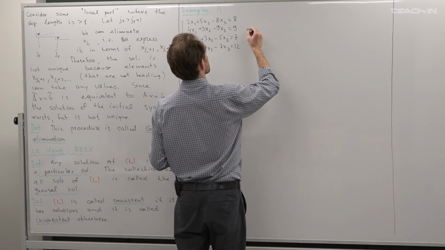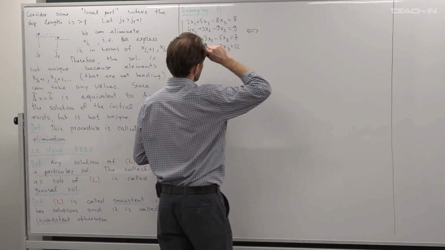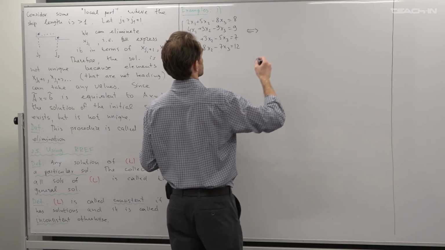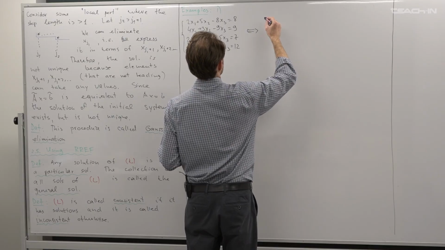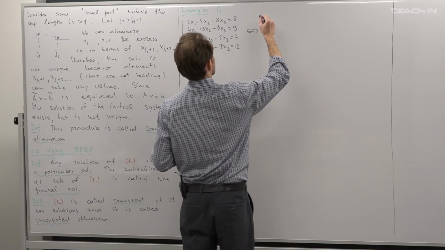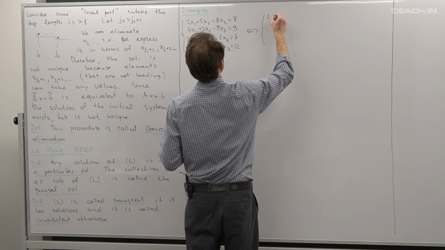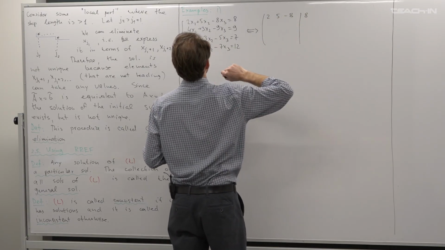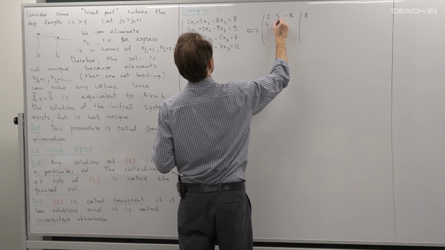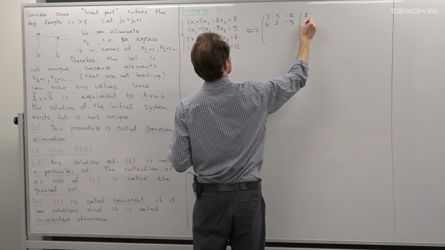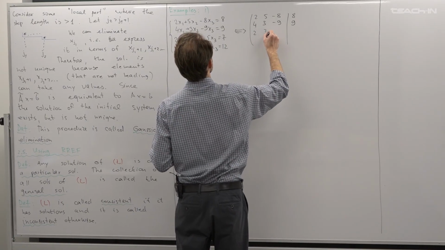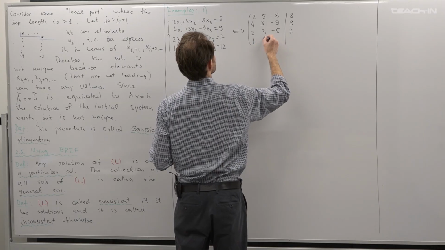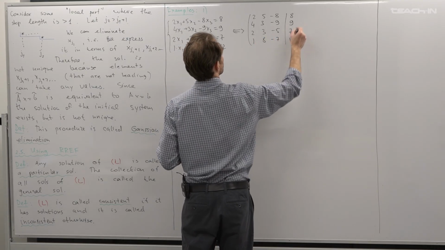So this system is equivalent to the following matrix representation. I'm going to consider just the augmented matrix, so it contains all the information about the system. So 2, 5, minus 8, and then 8 here. 4, 3, minus 9, and 9 here. 2, 3, minus 5, 7. 1, 8, minus 7, 12.